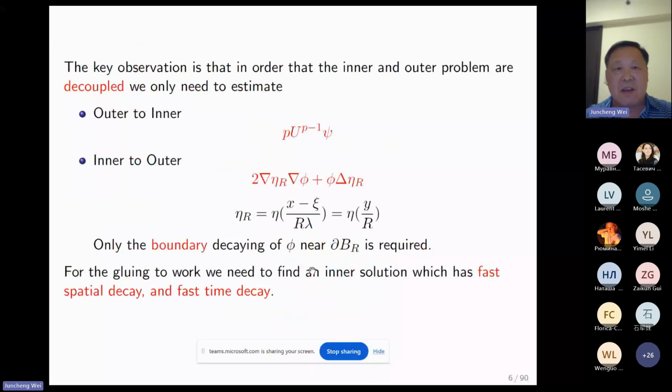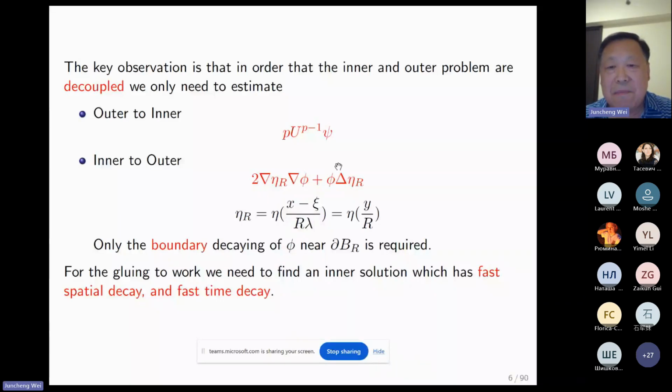So we have this problem, and it's decoupled. We only need to estimate these two terms, the outer-to-inner and the inner-to-outer. This is the cutoff function.